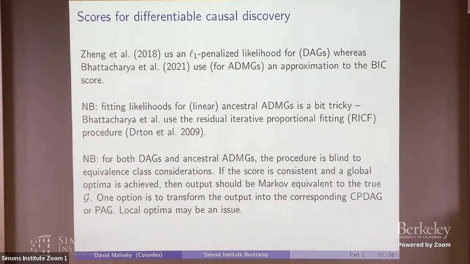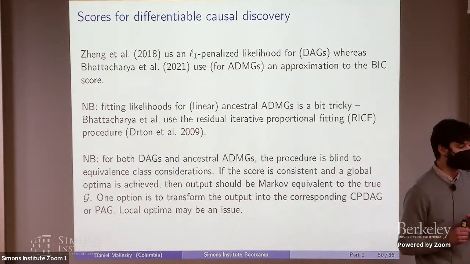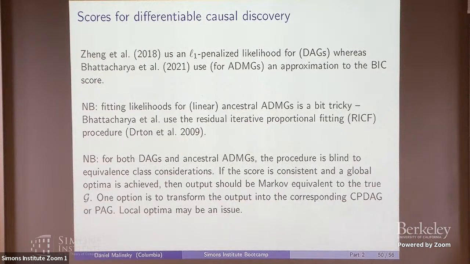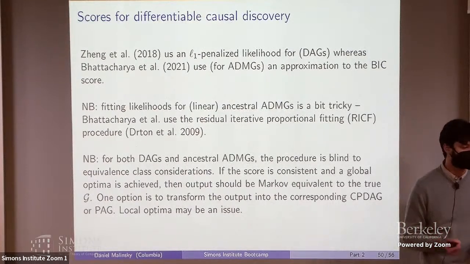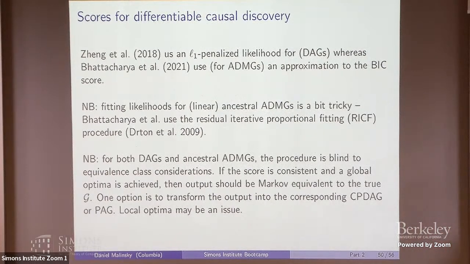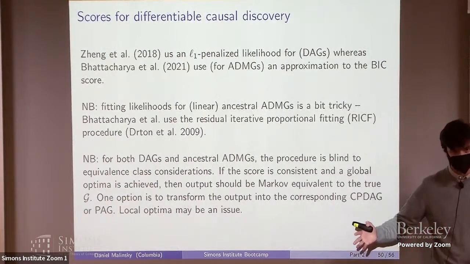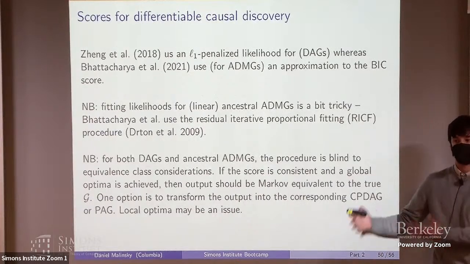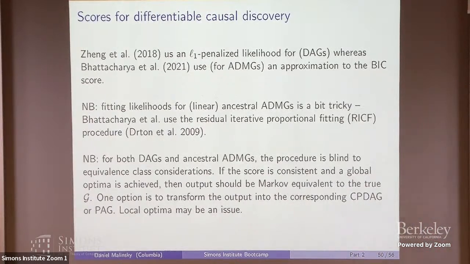And another caveat that is worth emphasizing is that these procedures are kind of blind to equivalence class considerations. The approach so far has been to hope you achieve a global optimum, and then that will be one DAG or one ADMG in the equivalence class, and then transform it to a representation of the equivalence class, like a CPDAG or a PAG. And that is one way to go.